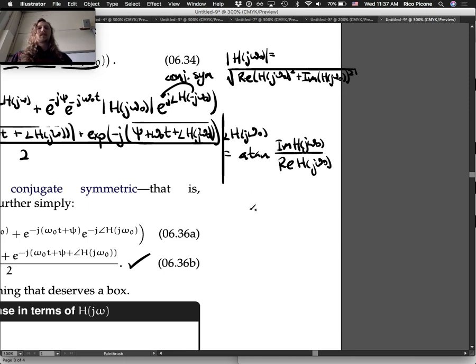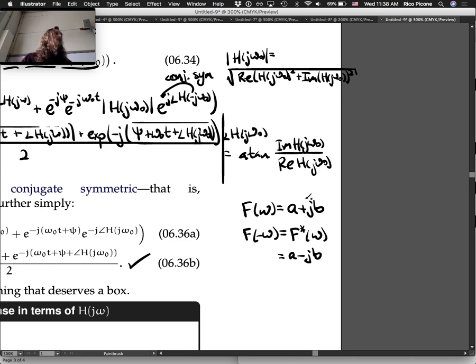So if you had, for instance, f of omega, just to try to ease this awkwardness, if f of omega is equal to a plus jb, then if you wanted to know what f of minus omega was, you would say, oh, it's equal to f conjugate of omega, which is equal to a minus jb.